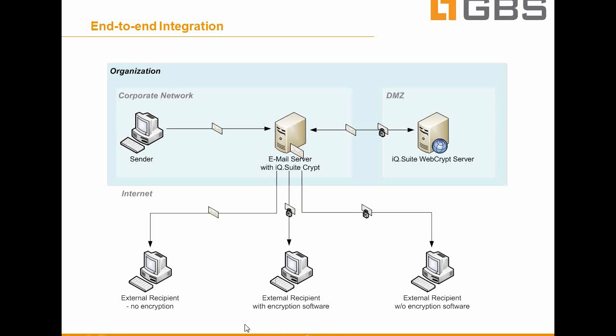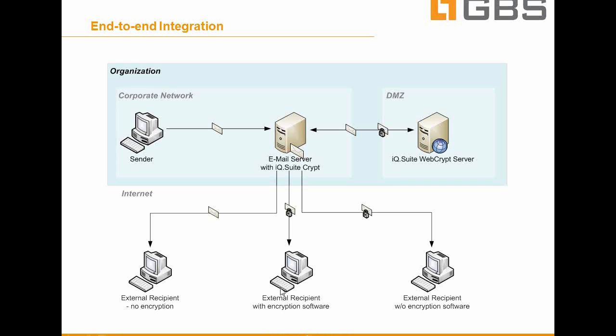Okay, so this is encryption, which we can use if we know that the recipient has the infrastructure in place to deal with a certain type of certificate, S/MIME or PGP.